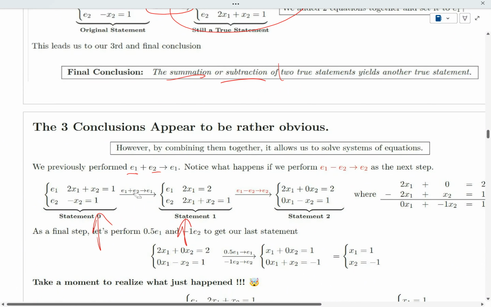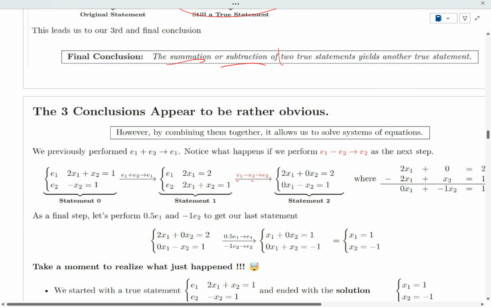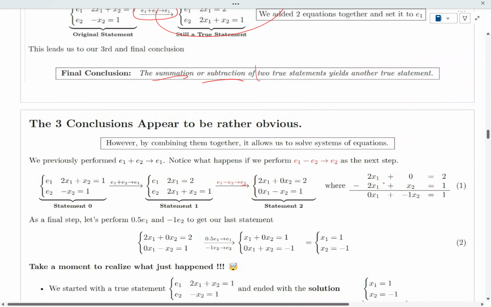And then notice if we simply take E1 minus E2 and set that to E2, you will get this equation. You can see that from here. E1 minus E2, and we end up getting this equation as the new E2.